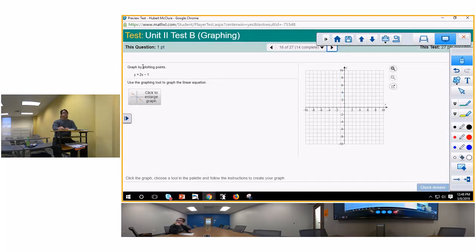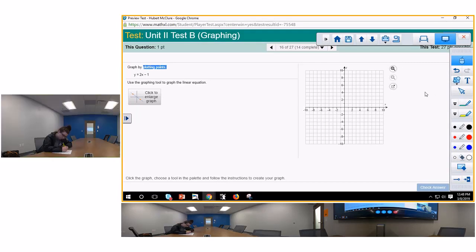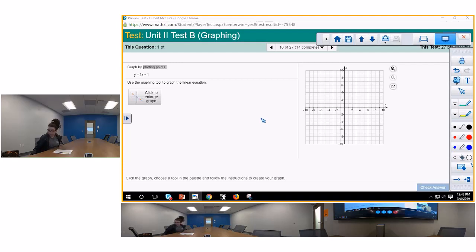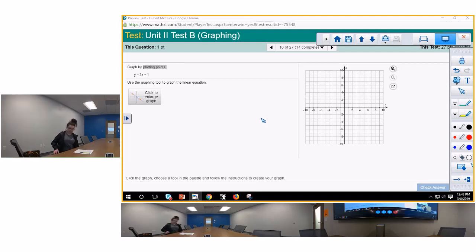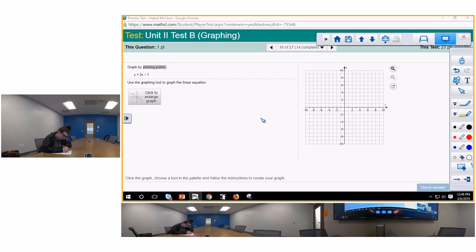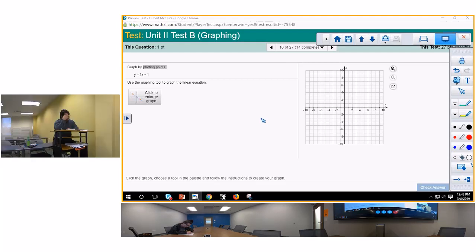Graph by plotting points. Which method is plotting points? Method 1, method 2, or method 3? That's actually a question. I want y'all to interact with me, please. You might want to use that thing you got, what's it called, a notebook? Plotting points. Which one? It's number 1.